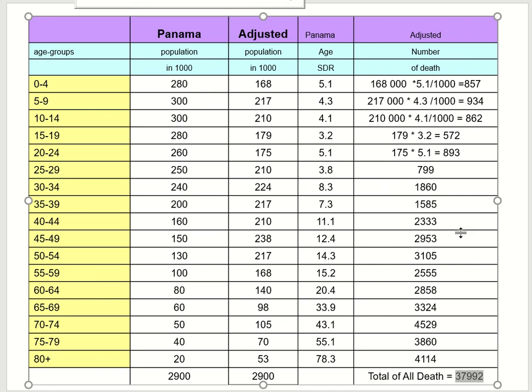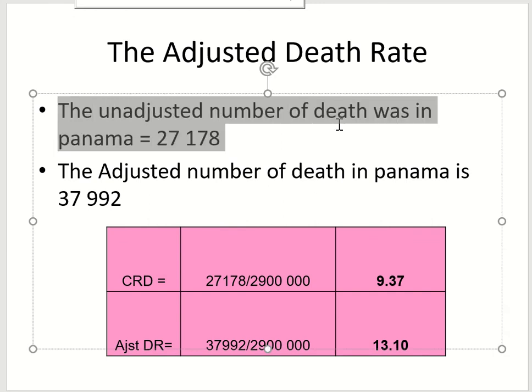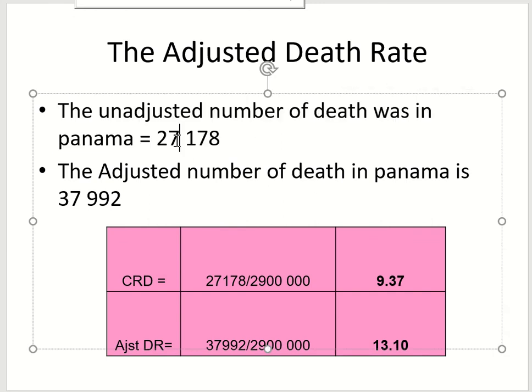Okay? Then you say, the unadjusted number of deaths in Panama was 27,000. Once I adjusted the age distribution of Panama to look like that of Sweden, the adjusted number of deaths is about 38,000, and therefore 38,000 divided by the 2.9 million is 13.1, and this is your adjusted death rate.